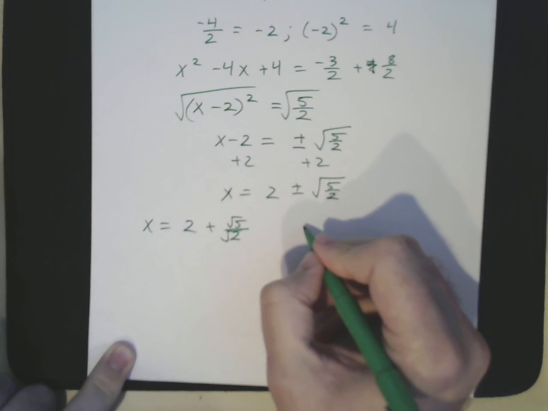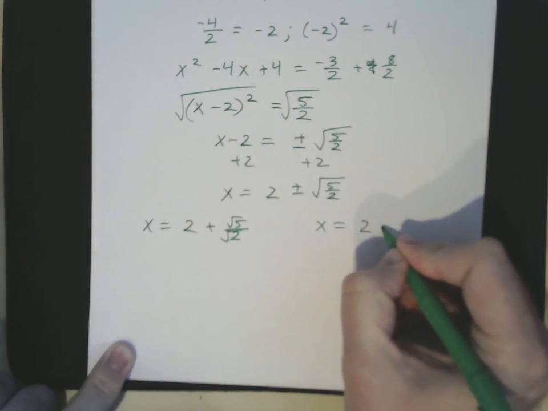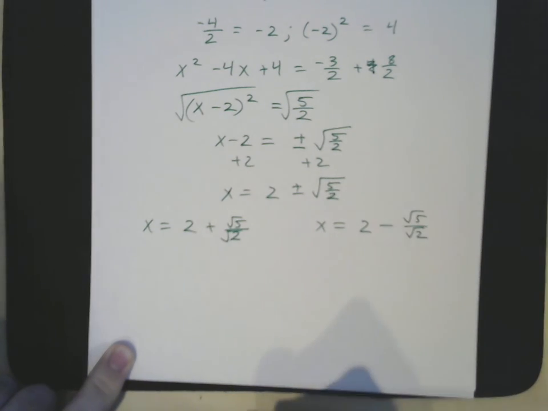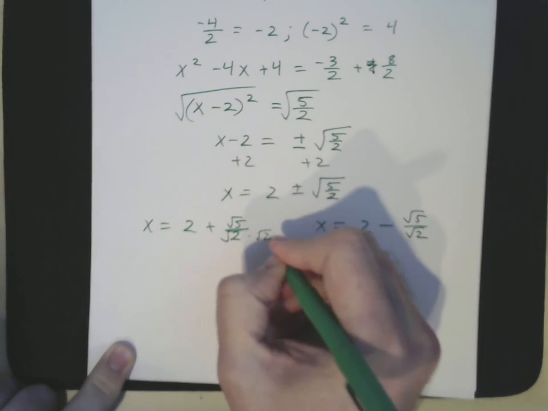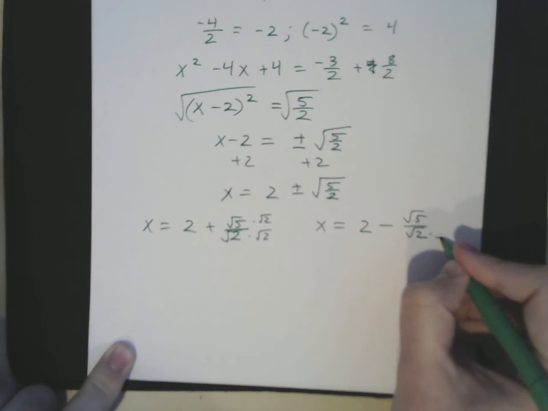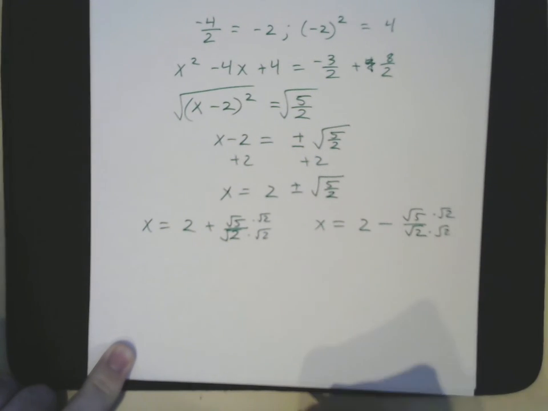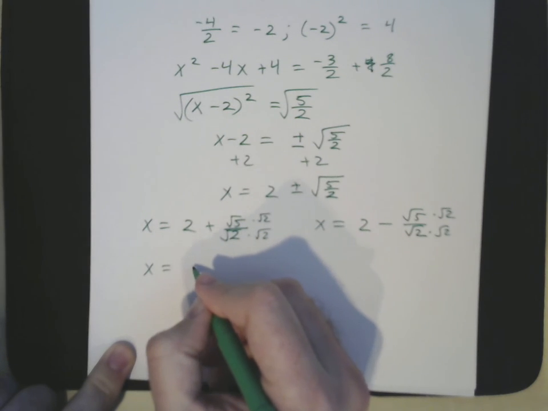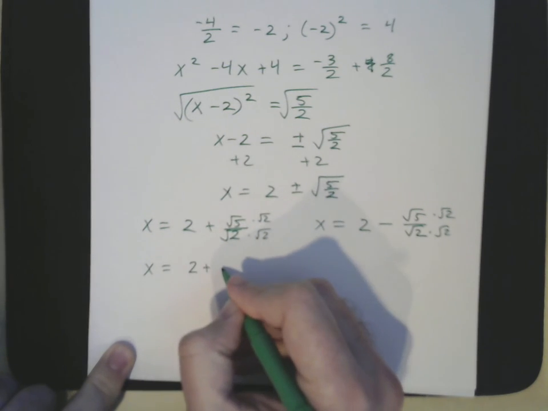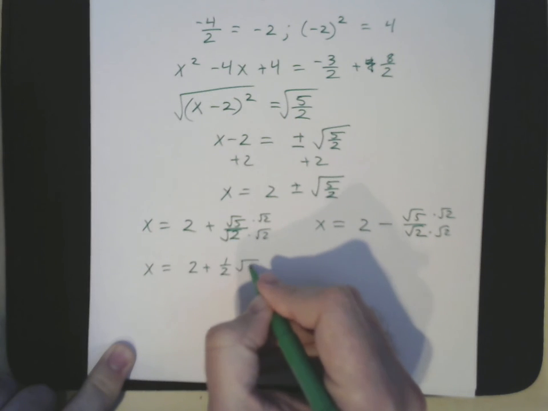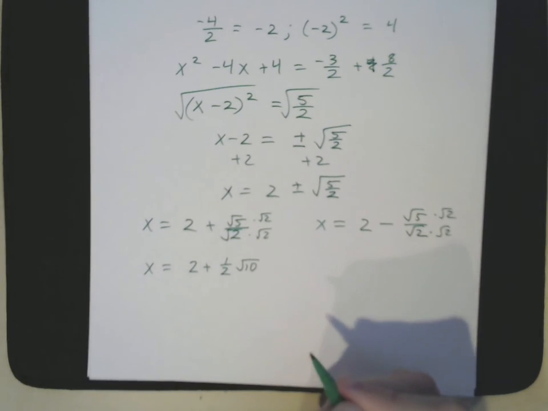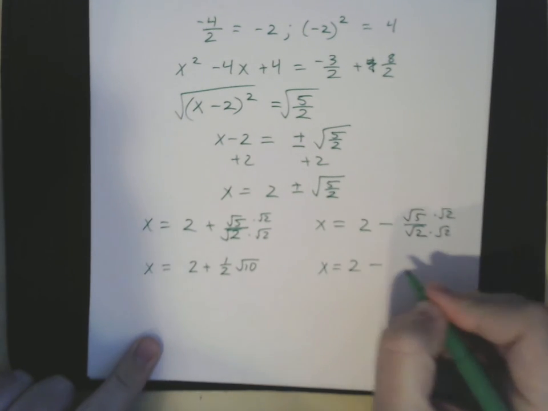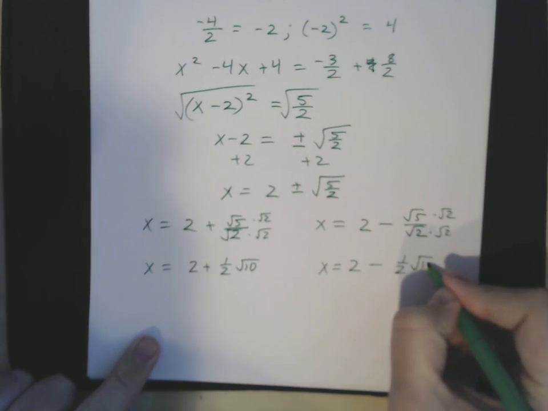the two individual cases of our solutions, 2 plus and 2 minus, square root 5 over square root 2, splitting them. So we rationalize by multiplying by square root of 2 over square root of 2, and then this becomes x equals 2 plus 1/2 square root of 10, and x equals 2 minus 1/2 square root of 10.